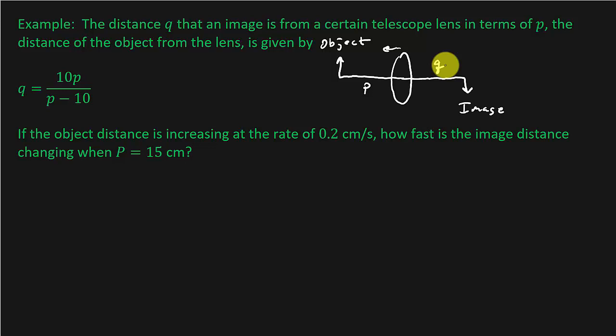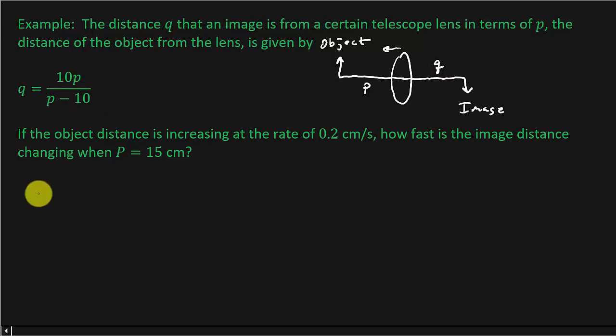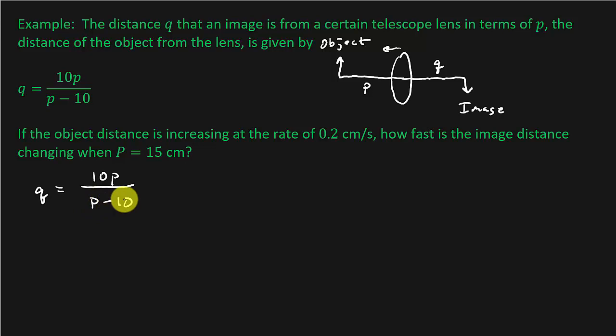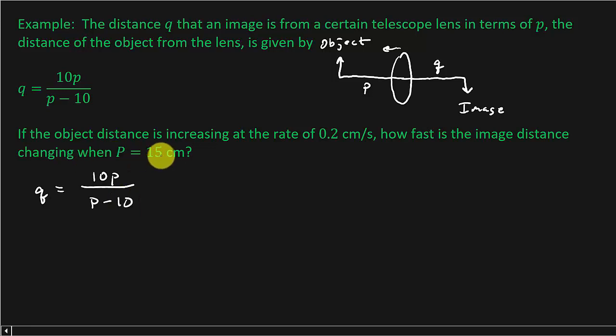Now, look at this. Let's write down our equation. It says if the object distance is increasing at the rate of 0.2 centimeters per second. So the object distance is P. That's this distance here.